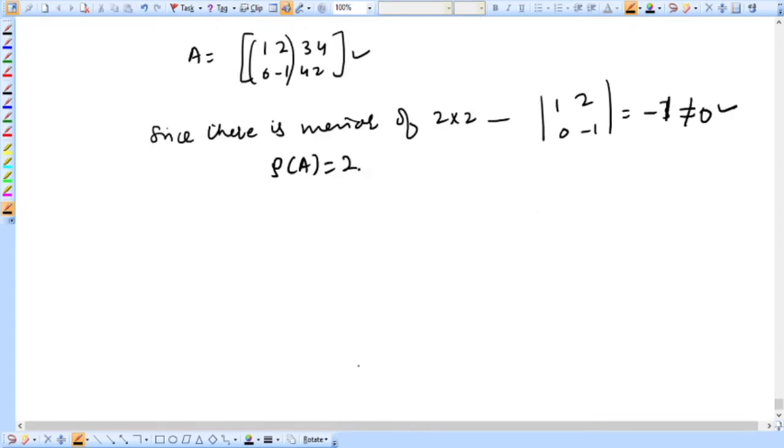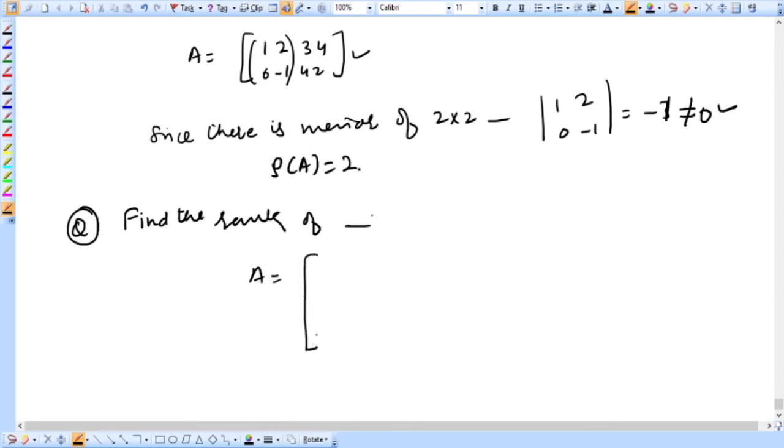Okay, one more example. Find the rank of matrix A equal to 0 6 6 1, minus 8 7 2 3, minus 2 3 0 1, and minus 3 2 1 1, right?